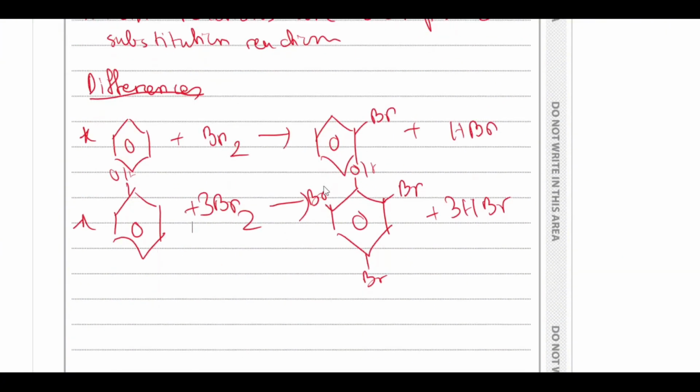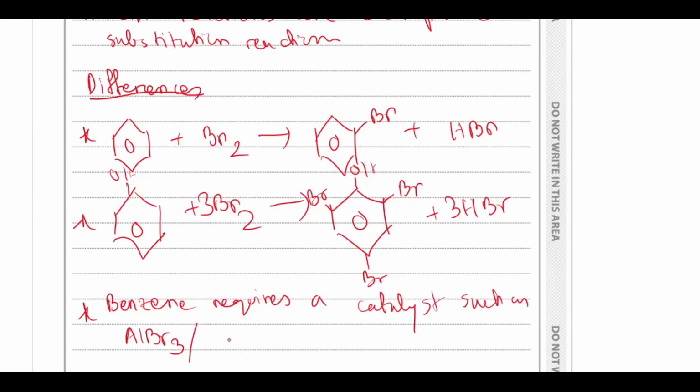Another difference is that we can clearly say that benzene, of course, requires a catalyst, or a halogen carrier such as AlBr3, or you can say FeBr3 with heat, of course, because it will allow the reaction to initiate.